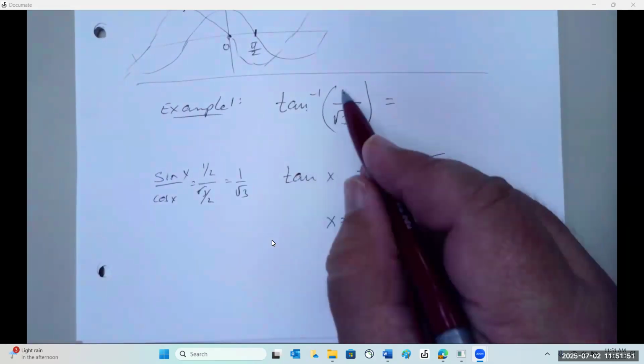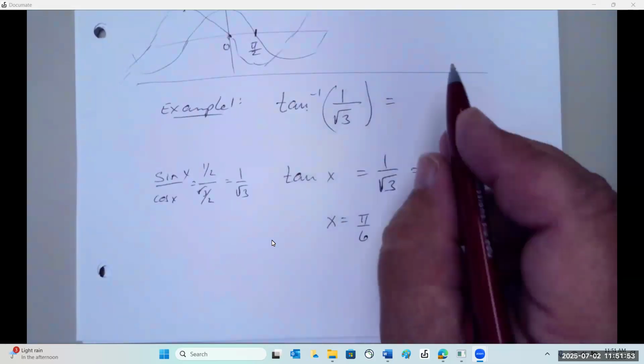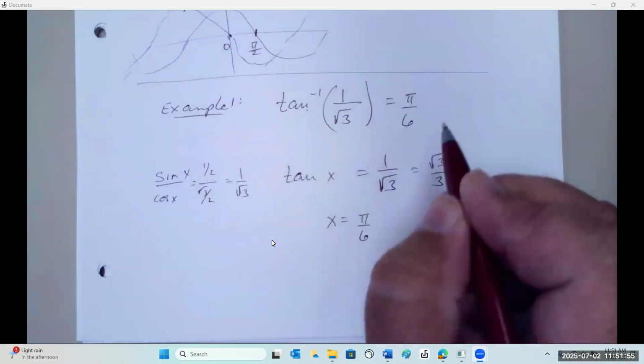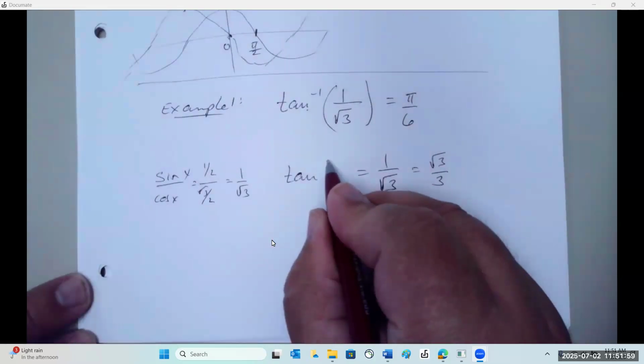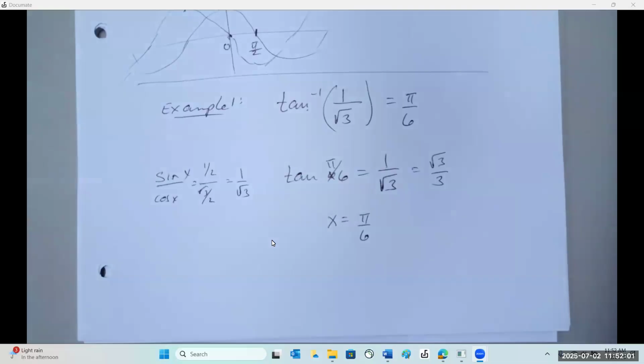So the inverse tangent of 1 over radical 3 is pi over 6, because this one here is pi over 6. Yes, that's the first thing everybody looks at, because I see the radical 3 over 2 on the sine function and the y value.